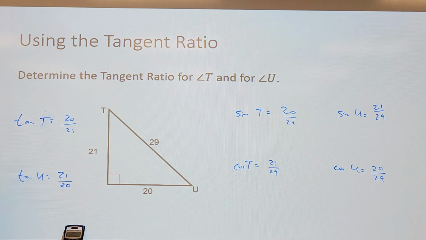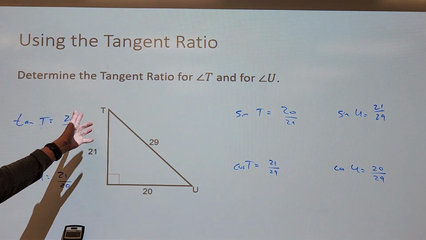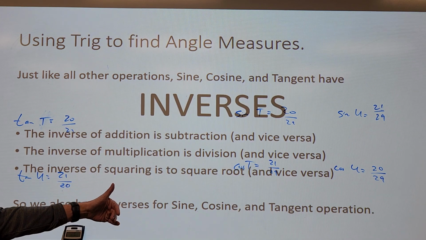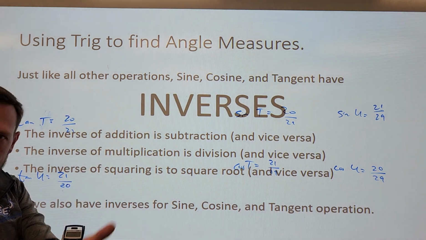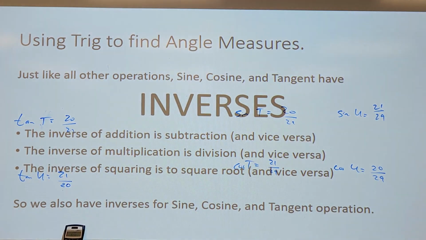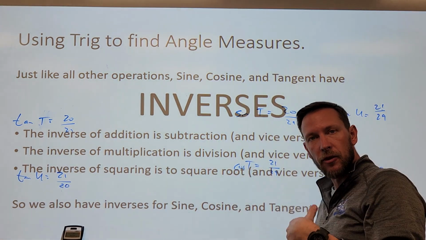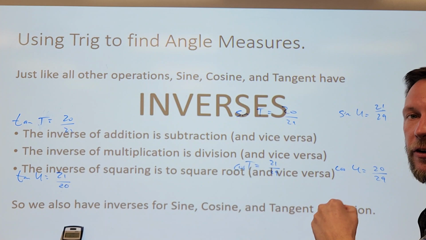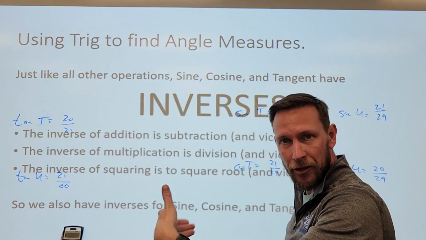Now what we're going to do is a little bit different. We're going to think about how do we find the measures of the angles t and u. And what we're going to have to think about a little bit is that just like all other operations that we do in our arithmetic, we have inverses for sines, cosines, and tangents. We can do the inverse sine of a ratio to find the measure of the angle that had its sine, cosine, or tangent taken.